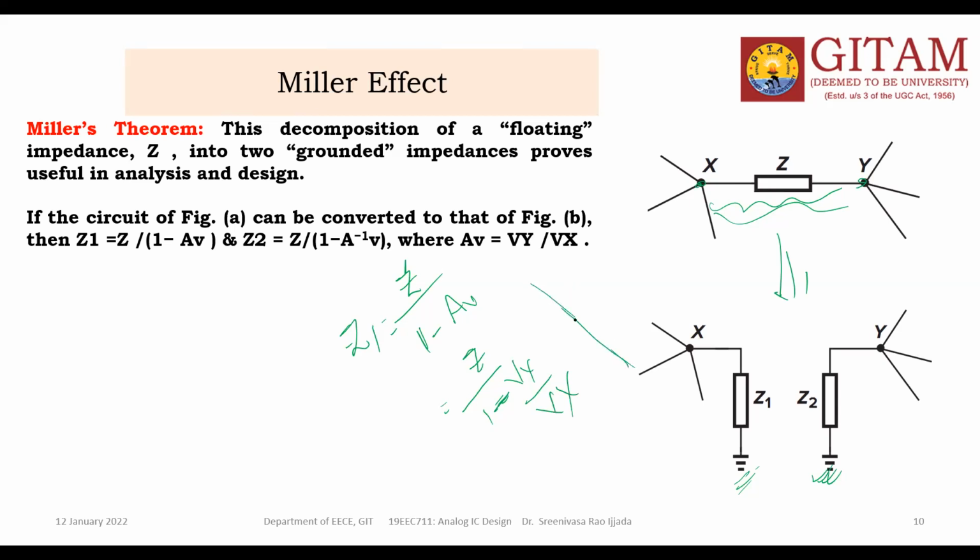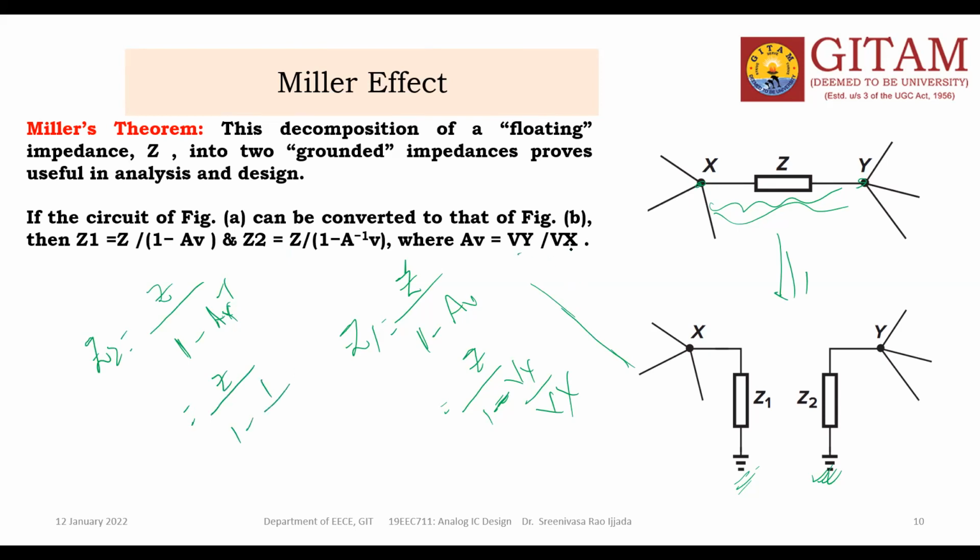Similarly, Z2 is Z by 1 minus AV inverse, that is Z by 1 minus 1 by AV.